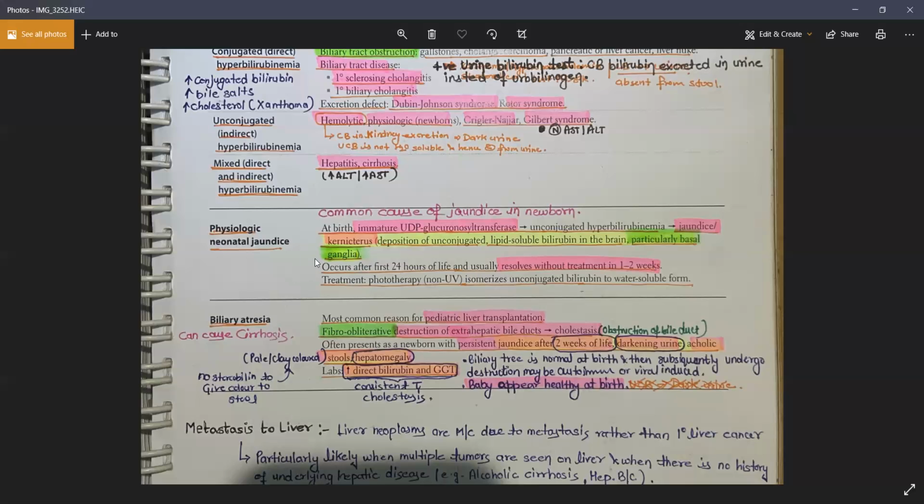That's why you need to give the patient phototherapy that isomerizes the unconjugated bilirubin to the water soluble form. See, this UV therapy is not conjugating the bilirubin, it's just converting the bilirubin into a more water soluble form so that the excretion can happen from the kidneys. Okay, it is not converting the bilirubin into the conjugated form, it's just making it water soluble by isomerizing it.